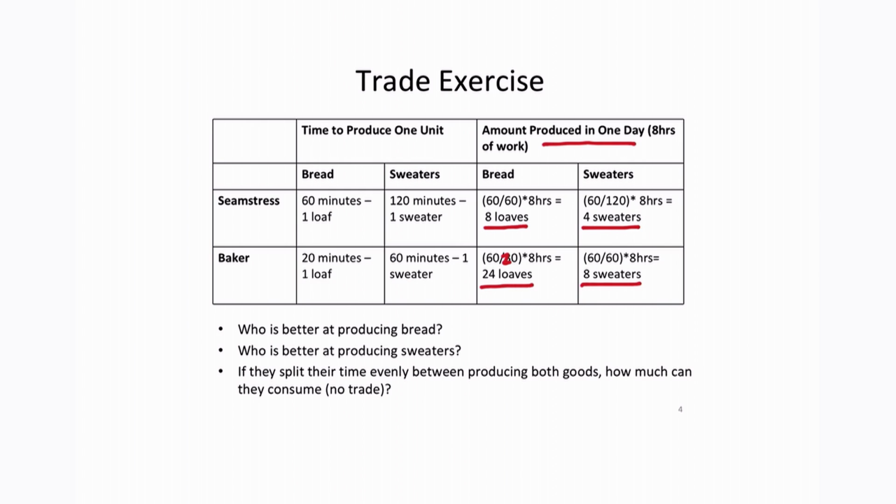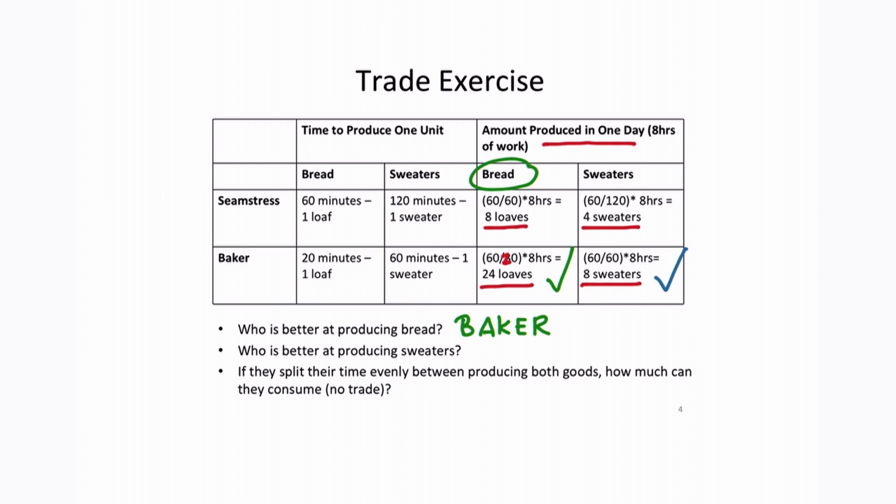So based on this information, who is better at producing bread and who is better at producing sweaters? Well, if we compare the production of bread, the baker can produce more bread than the seamstress. So the baker is better at making bread. If we look at the production of sweaters, the seamstress can produce 4 and the baker can produce 8.